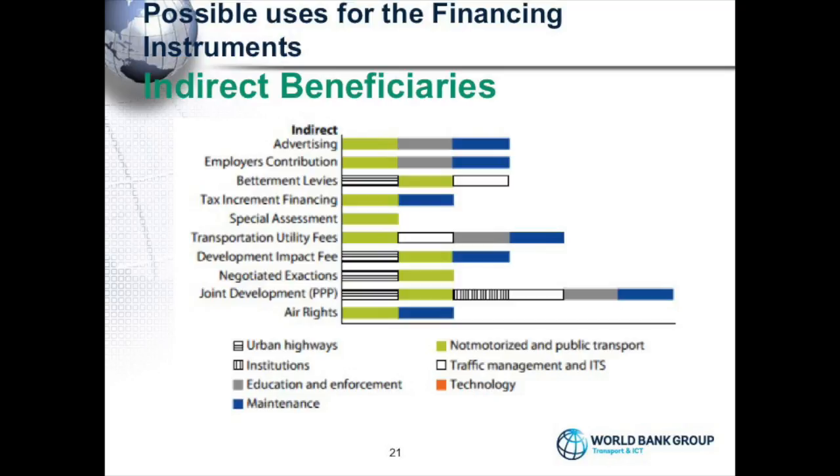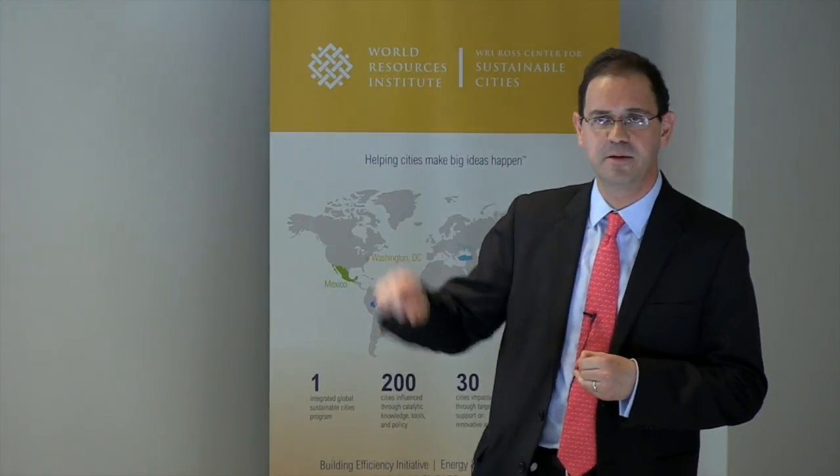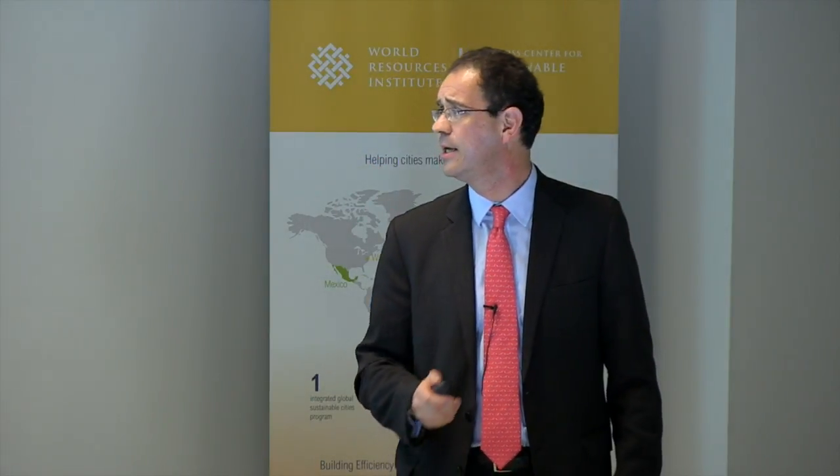If you benefit somewhat, you should contribute to financing sustainable transport. Urban highways, interestingly enough, don't appear as much in the chart. Interestingly enough, if you pay attention, sustainable transport seems to be able to tap more financing mechanisms.